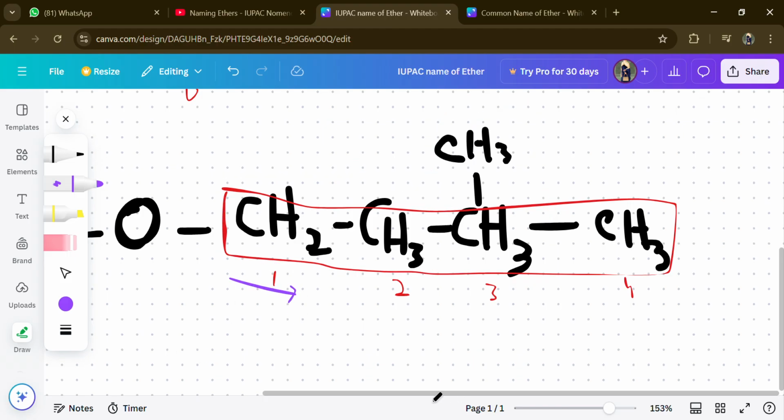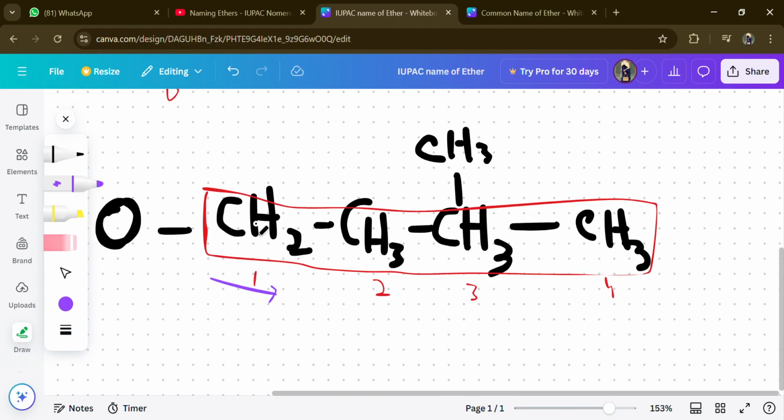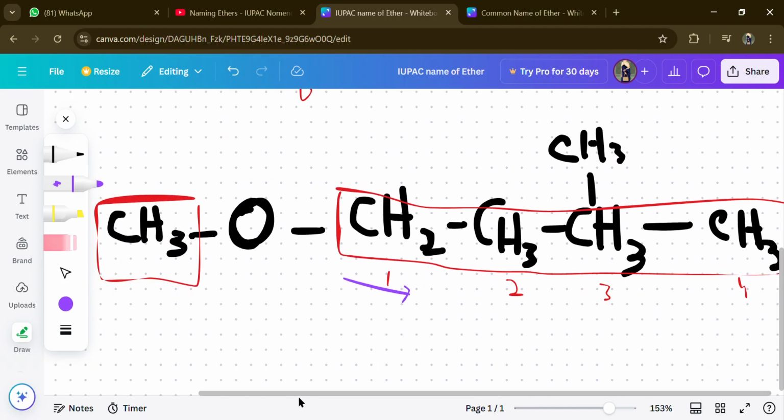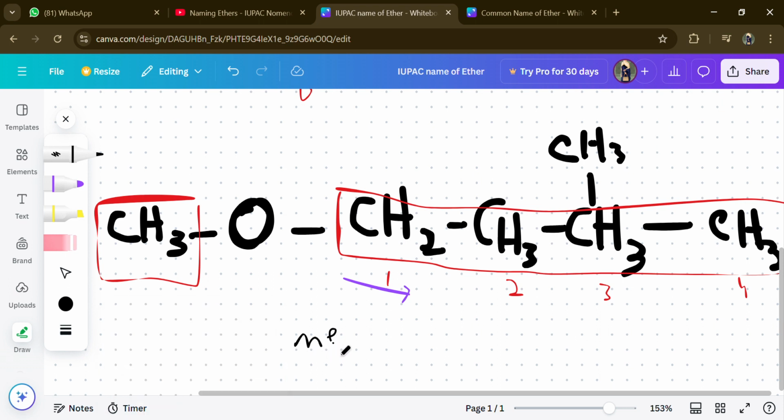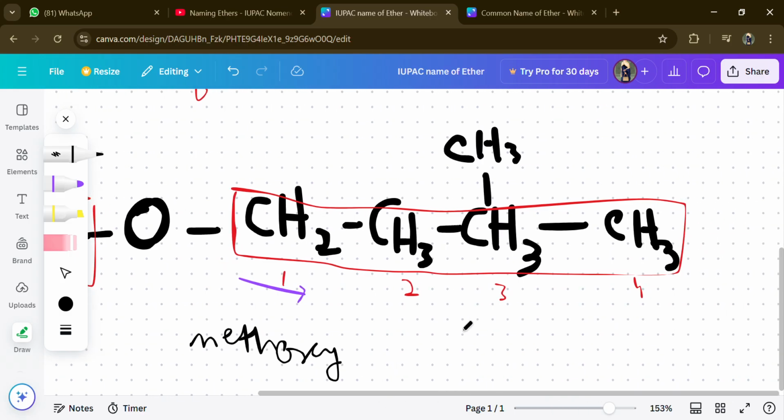Okay, so how are we gonna actually sort this thing out? First, like the ethoxy group. So what would the alkoxy group be here? Here it will be methoxy. Methoxy. And then what you need to do is first count on which number of the carbon the substituent is placed.